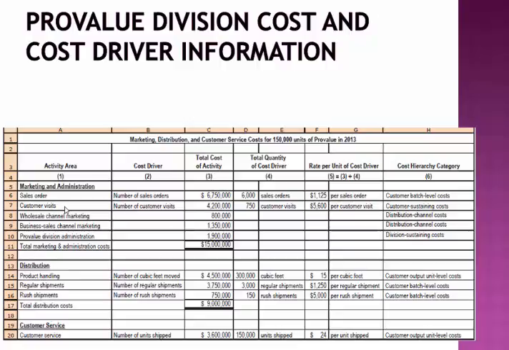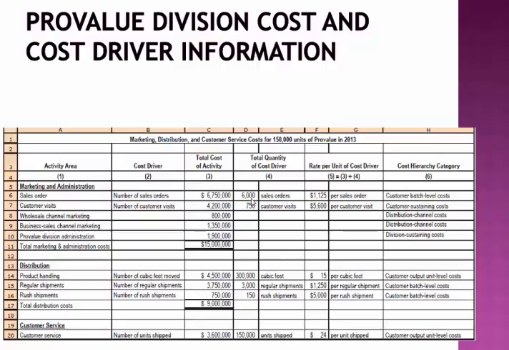Customer visits. Again, marketing and administration related costs to the tune of $4.2 million. This is related to our visits to our customers, and we had 750 of those visits. 4.2 million divided by 750 means for each time we visited a customer during the period, we are showing an average cost of $5,600 per visit.